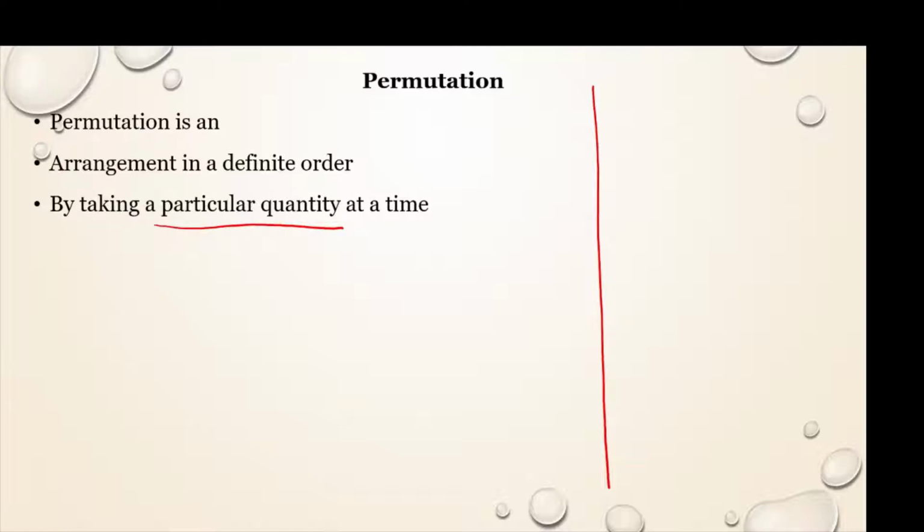We are taking a particular quantity of items or events at a time and arranging that in a definite order, and this particular quantity has been taken from a total quantity available. So there is some total quantity, and out of that many items, we are arranging a particular set of items in a definite order.